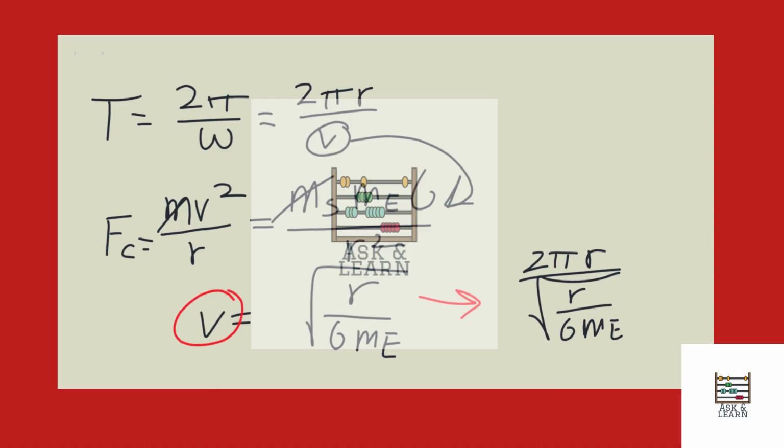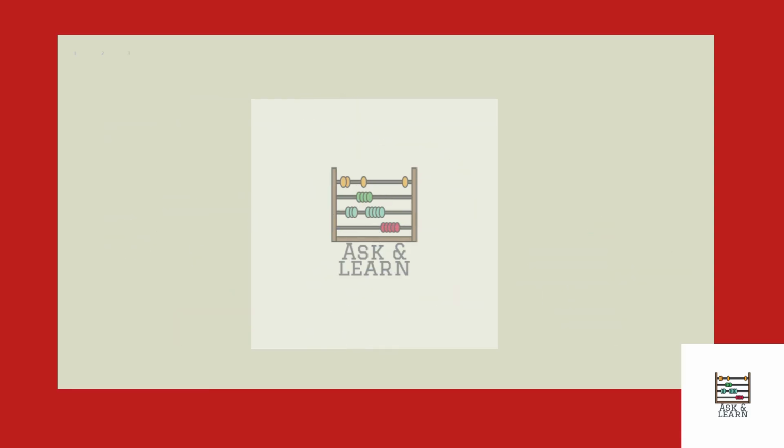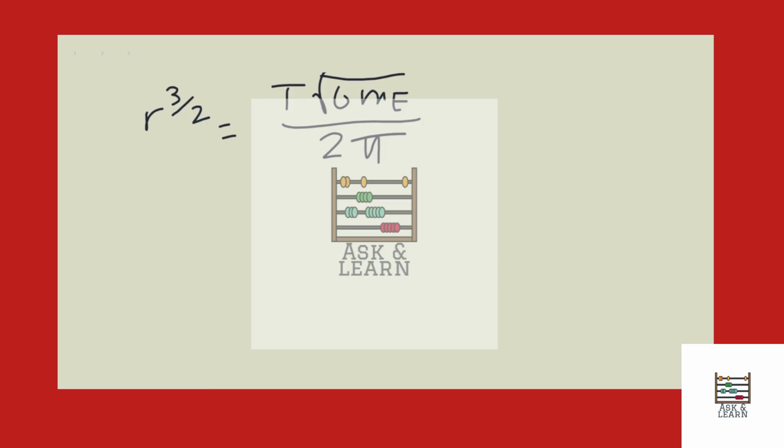And clearly the equation for velocity involves our radius, which we don't know in this problem. So we're going to rearrange our equation for T in order to solve for r. And we find that r to the 3/2 is equal to T times the square root of G times the mass of the Earth all over 2 pi.